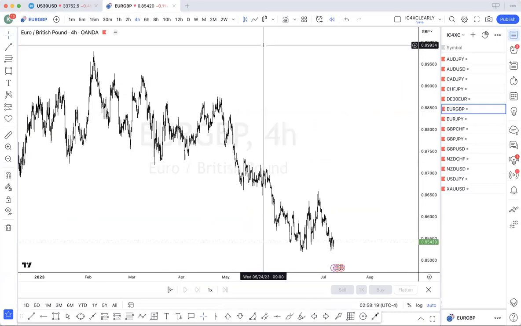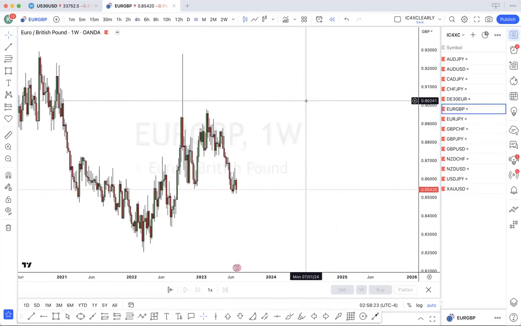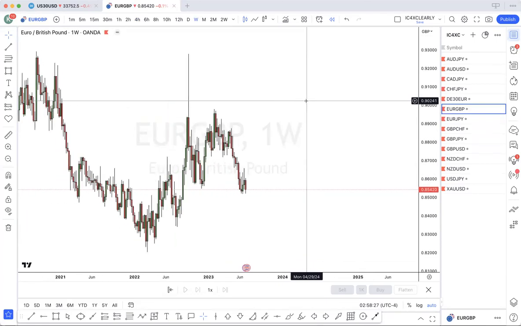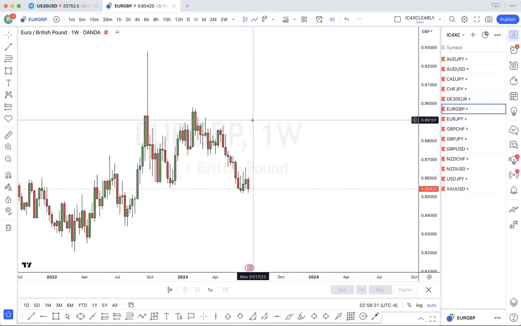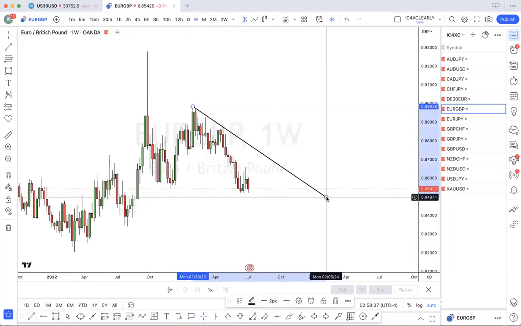For Euro GBP, we have a weekly bearish order block. And from the looks of it, price was bearish. Price broke structure.